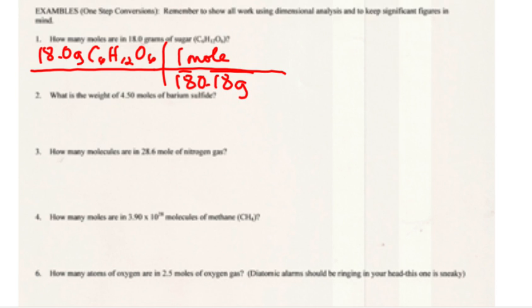The conversion that you're always going to put in is always per 1 mole, whether it be particles, formula units, or molar mass. It's always per 1 mole. So to 3 sig figs, what is my answer? Anybody? 0.0 what? I need 3 sig figs.